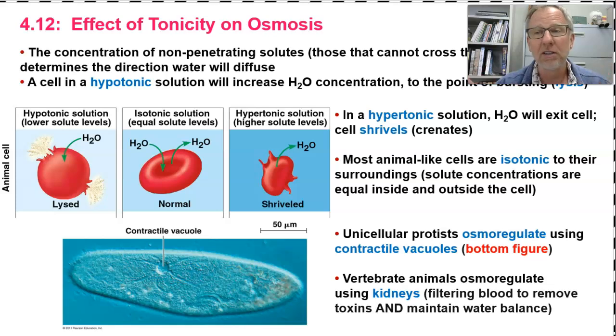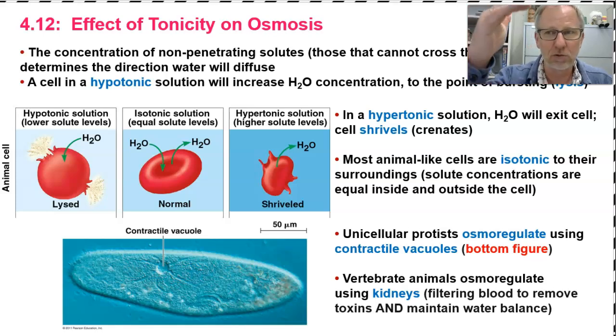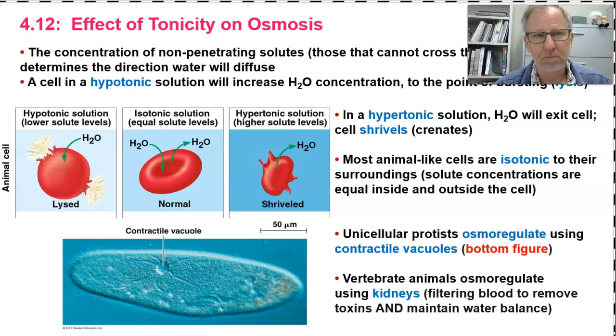So hypotonic, hypertonic, isotonic. Let's dissect those terms a little bit more. Again, tonic, think solutes. Hypo means less than or below. So if somebody is hypothermic, they fall into a cold, icy lake and their body temperature drops dangerously. Hypothermic, low temperature. If somebody is hypoglycemic, that means their blood sugar is low.